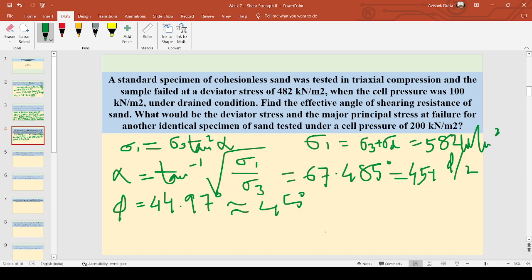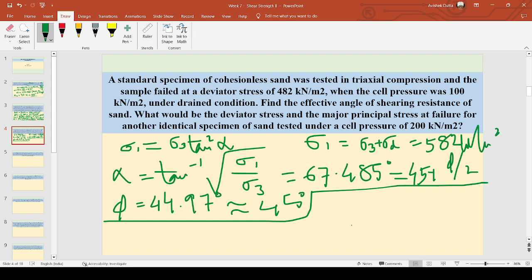Okay. Now another identical specimen has been taken into consideration where sigma 3 is 200 kilonewton per meter square. For this specimen, we can again calculate using tan square alpha.